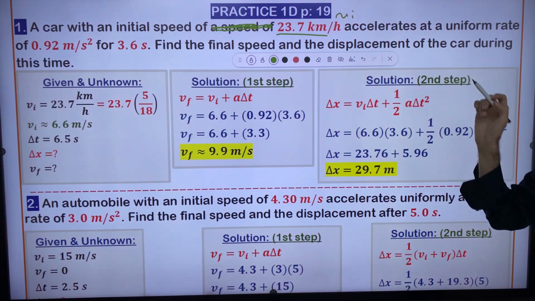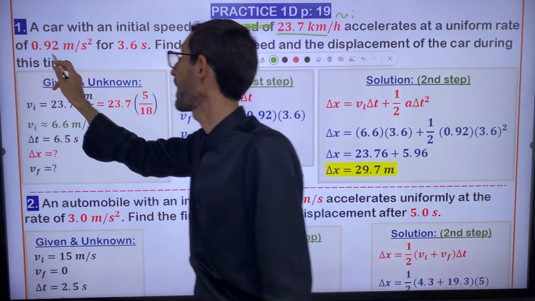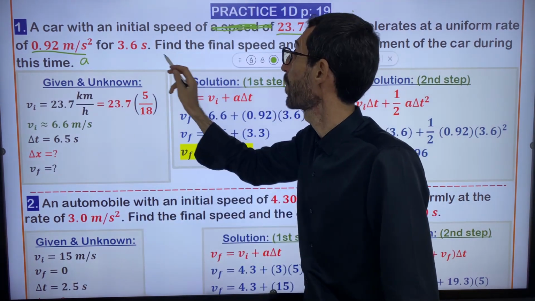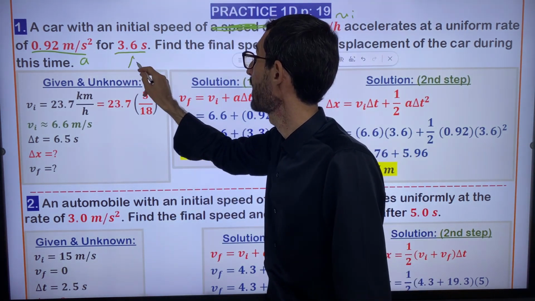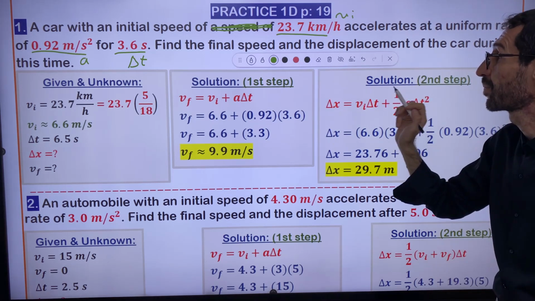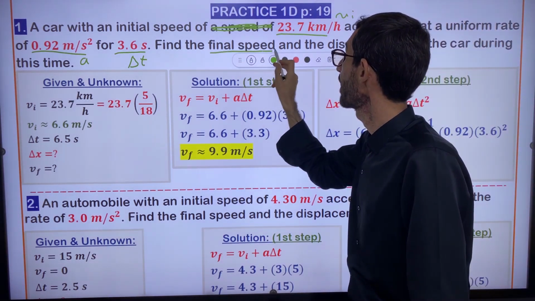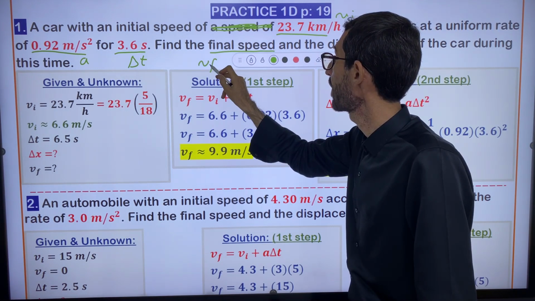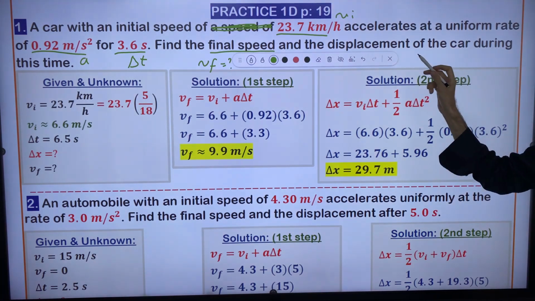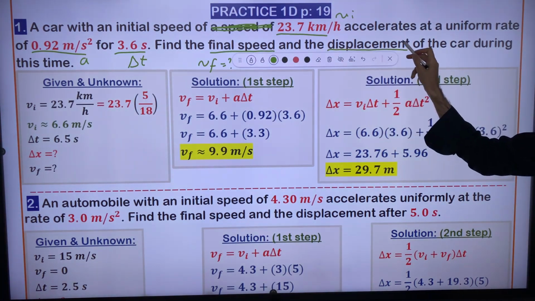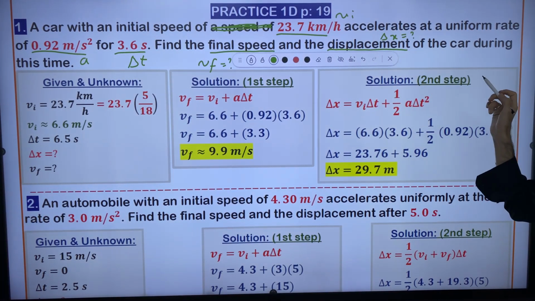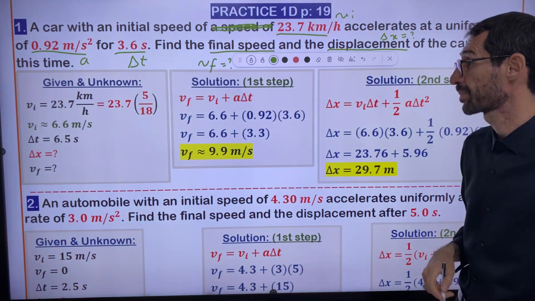It accelerates at a uniform rate of 0.92 meters per second squared. This is the acceleration, for 3.6 seconds, and this number is the time interval, delta t. Find the final speed and displacement of the car during this time. The displacement is unknown as well.